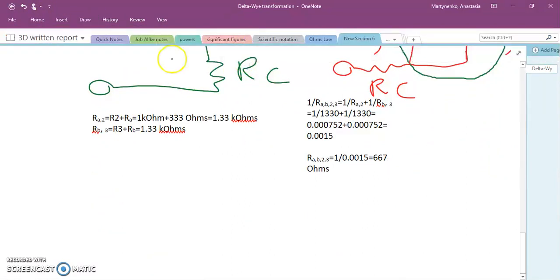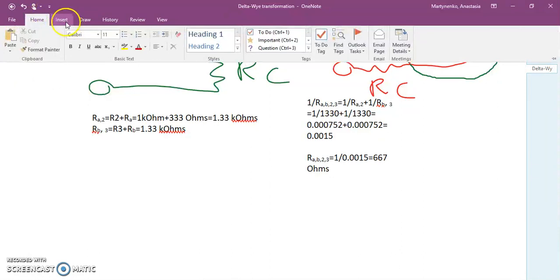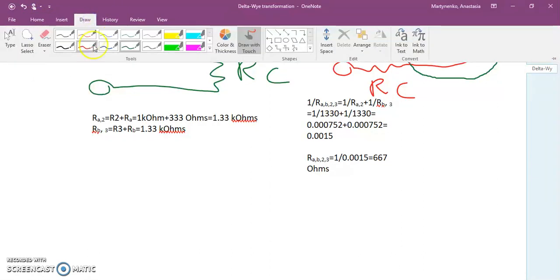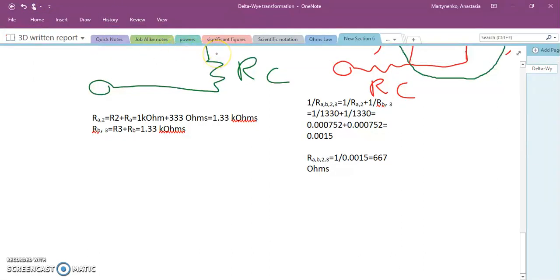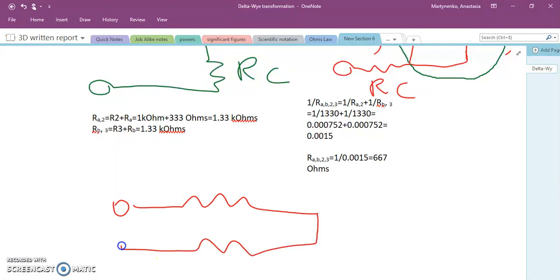I'm sure you guys are tired of my messed up drawings. So now I just have this one and this one. So this is RAB23. And this one is RC.